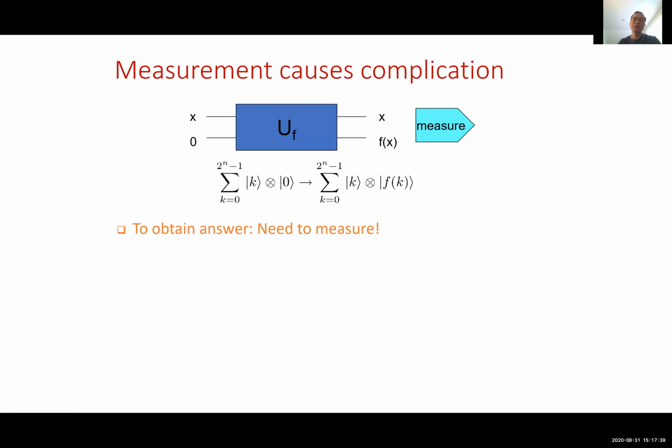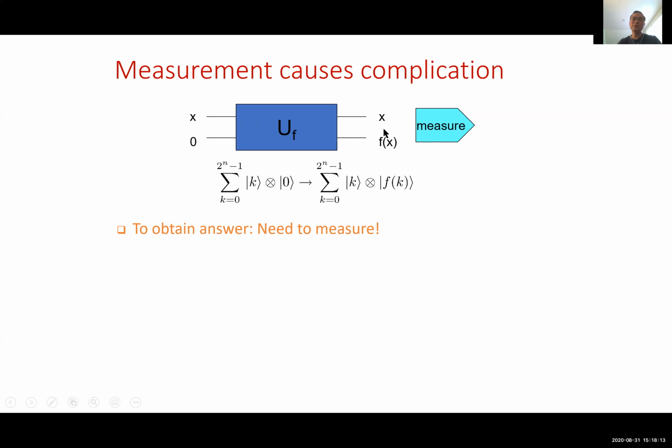However, there is a complication. To get some answer, we need to perform a measurement. So this is also the third rule of quantum mechanics that comes into play here. To read out, we have to measure. So for example, I measure this register. I have the superposition of k going into this, and the output is also a superposition. But here you see that it's an entangled state. The question and answer are entangled.